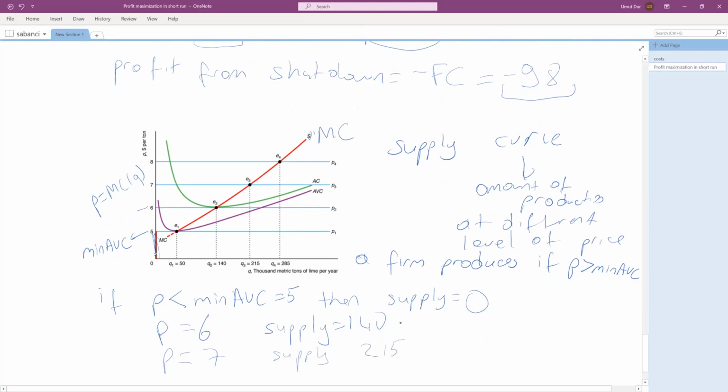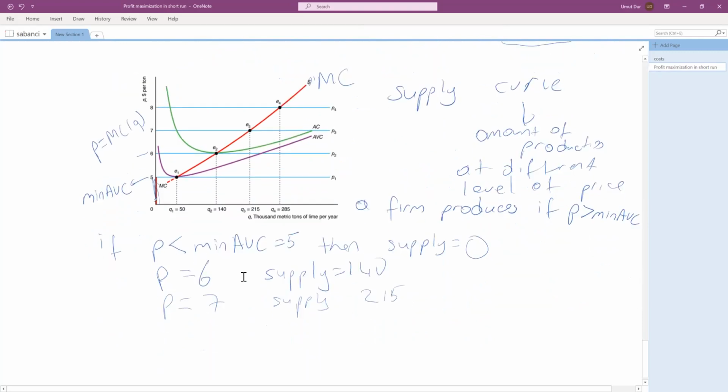Okay, so basically for competitive firms, the supply curve is equal to the marginal cost above the minimum of average variable cost.